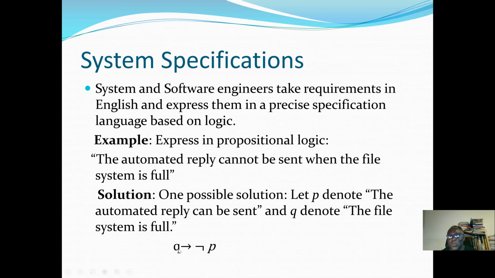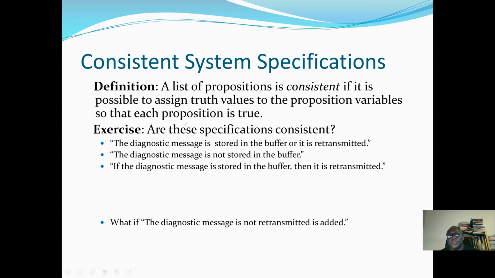So now we are saying that when the file is full, the automated reply cannot be sent. So we use negation P. P represents the automated reply can be sent, and the sentence said the automated reply cannot be sent. So we are using not P.